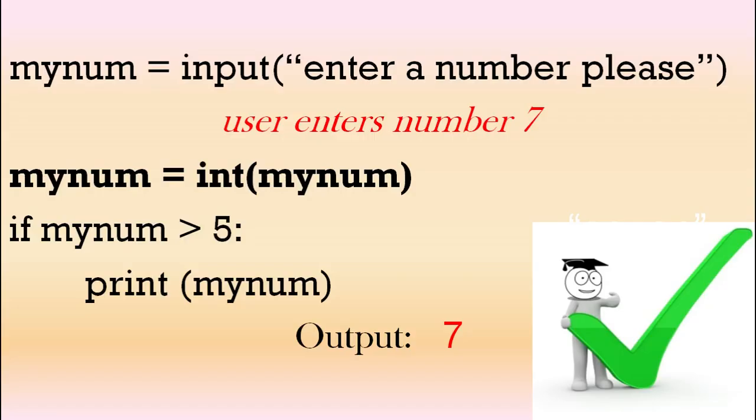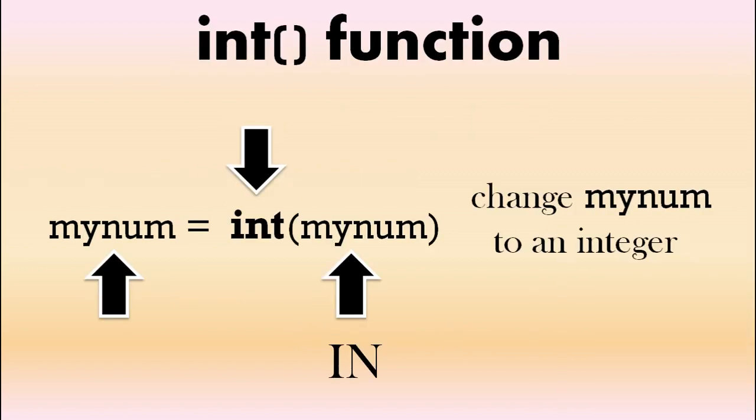You may have already seen functions. There are built-in functions in Python. Can you remember when a user enters a number, it comes in as a string, and we want to change that to an integer? We had mynum equals int mynum. That is a built-in function. We have the function name, which is int. We put mynum in, and out comes back to my number.